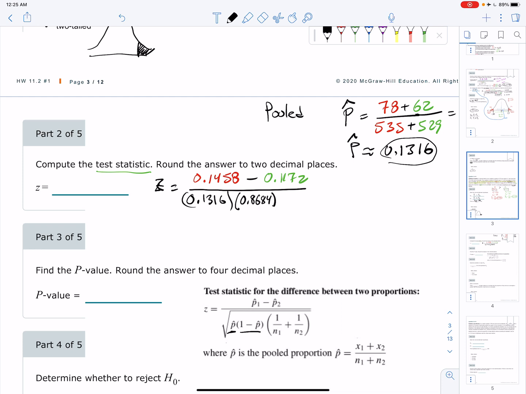And then you need to multiply that by 1 over n sub 1, the sample size from the boys, which was 535. And then 1 over the sample size of the girls, which was 529. And you can calculate that on the calculator.